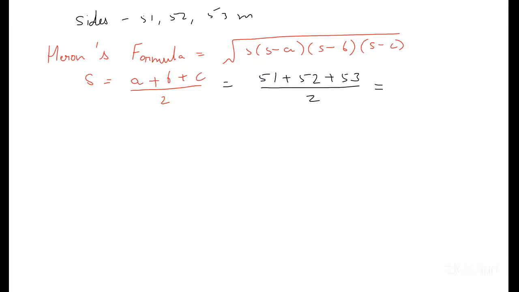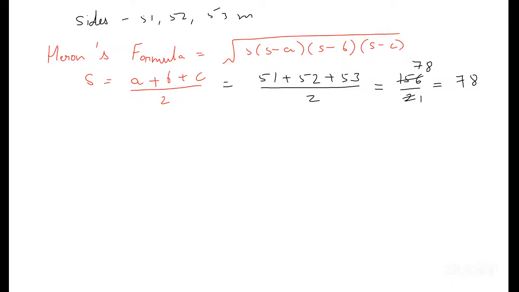Add and tell me what you will get. Ma'am, I got 78. Okay. 156 by 2. Yes, 156 by 2. Now you can cancel. 78. Yes, 78. Okay, so now I have the value of S, that is 78.